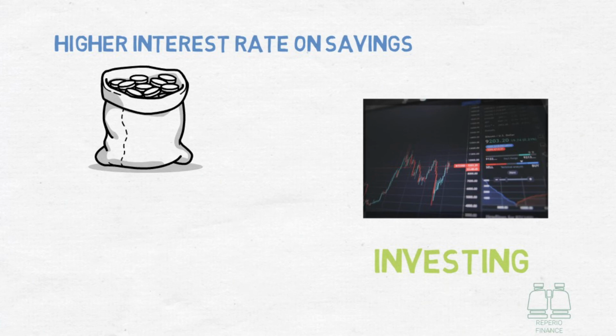This could be a high interest bank account or an ISA. It could also be achieved from investing in shares, provided that your return on investment is higher than inflation. There is always the risk that you can lose money from investing in shares. We will look at these in future videos.